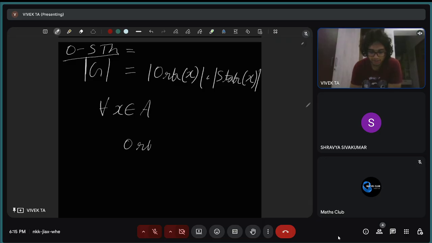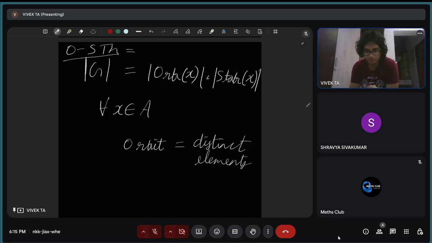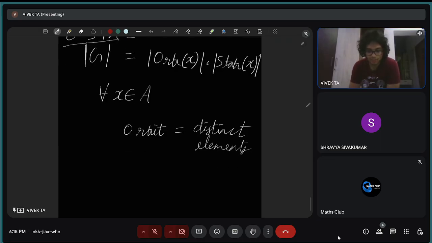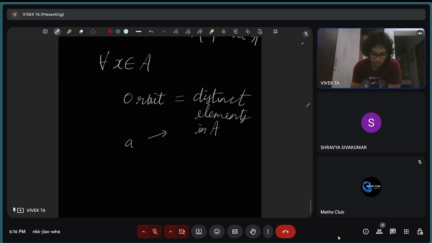So the orbit gives you the set of all distinct elements, right? Distinct elements in A, of course. Now for each element in the orbit, you could have arrived there. Let's suppose you arrive at this element A from g of x.